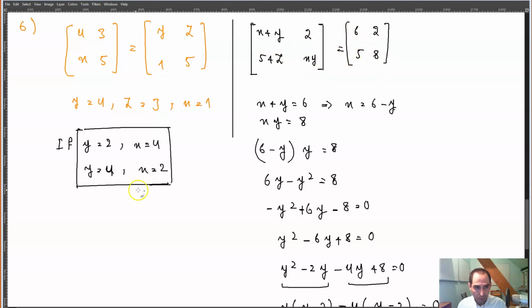And then since 5 plus z is equal to 5, that means that z is equal to 0. The answer here is basically x is equal to 1, y is equal to... this is number 6, part 2.